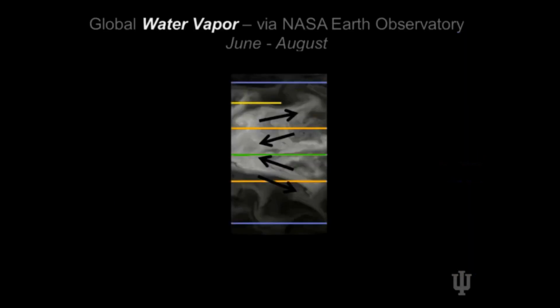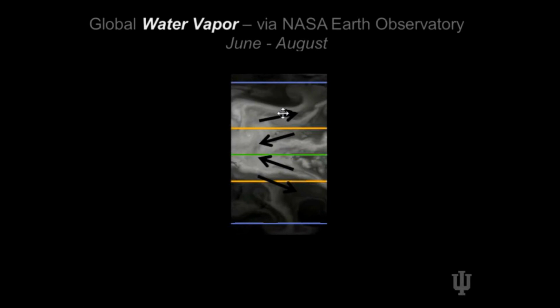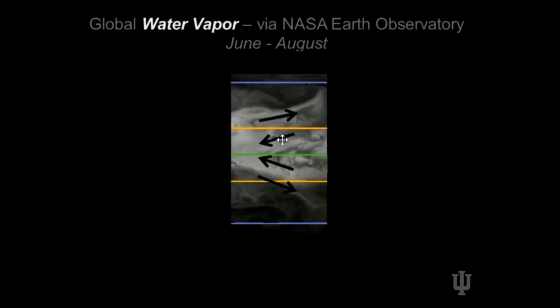So let's see if we can see separation. Let's see if we can see this area in which the water vapor is going in opposite directions. Do we see that? You can see the wind going this way, but then here it's going that way.